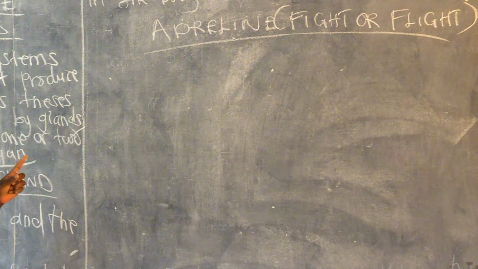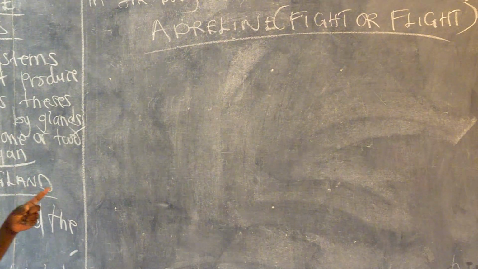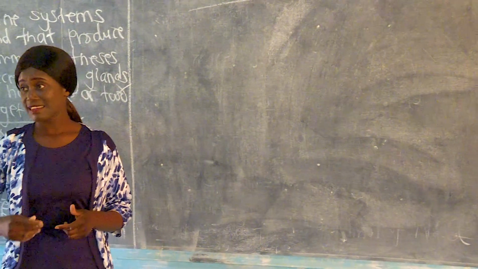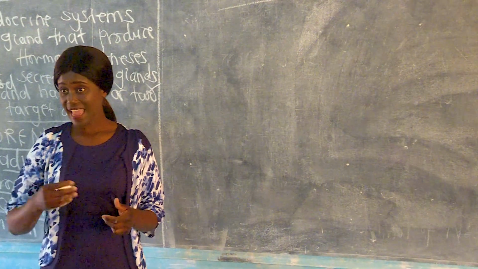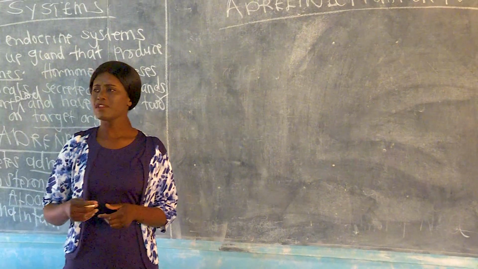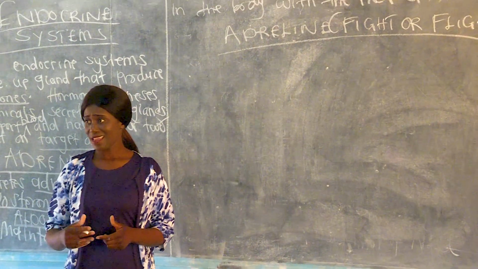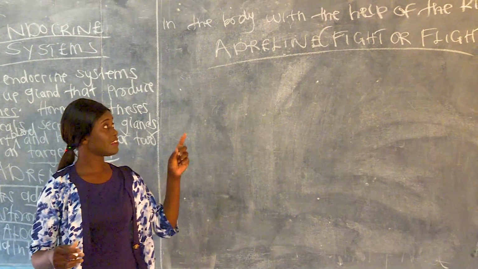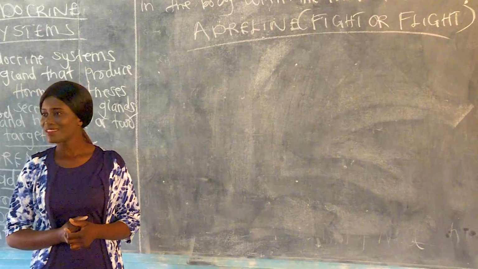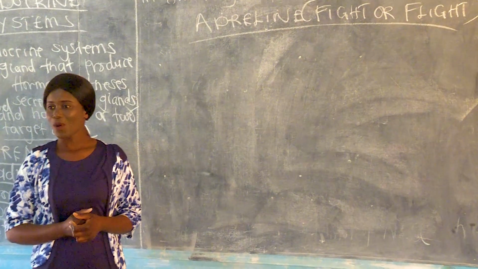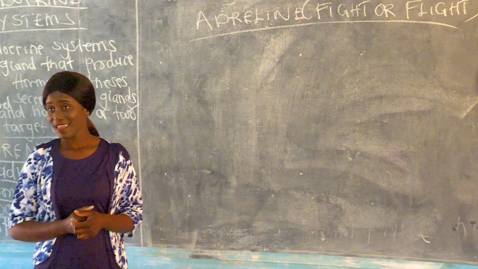This adrenaline, just like I said earlier, just like any other hormones, is not secreted just anyhow. This one is usually secreted when someone is scared, when someone is excited, or when someone is very angry.